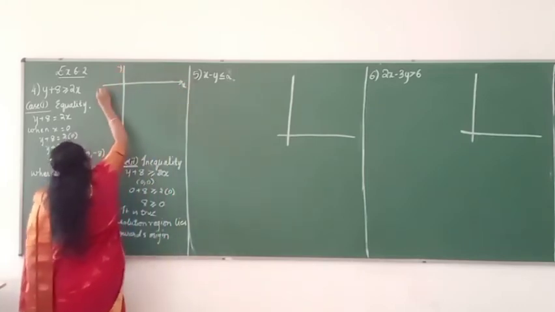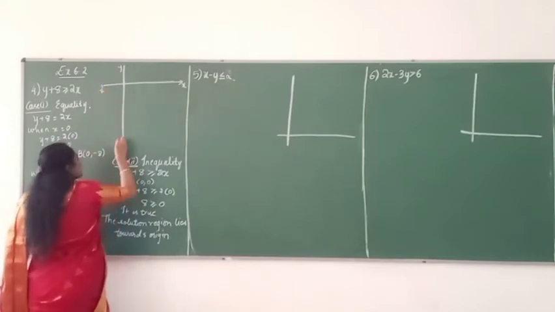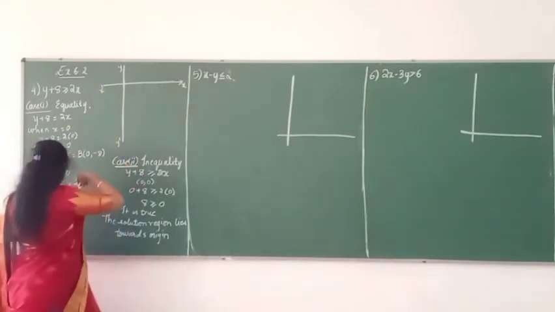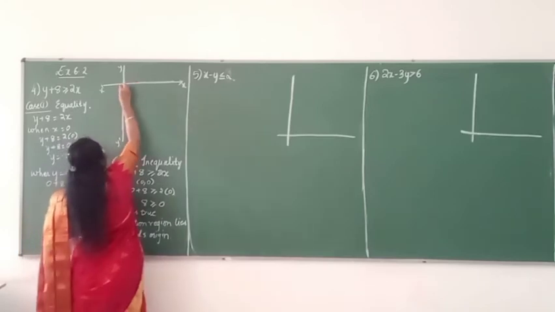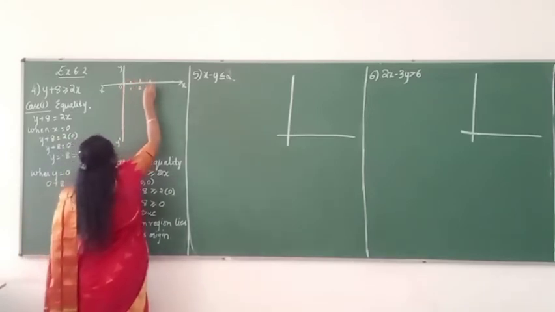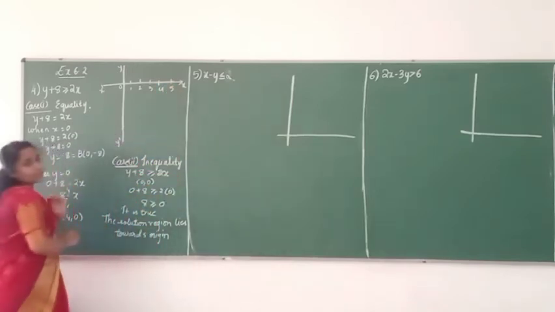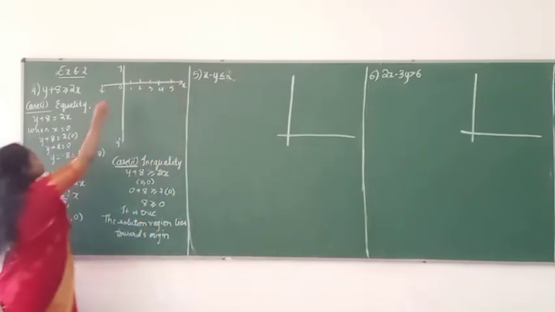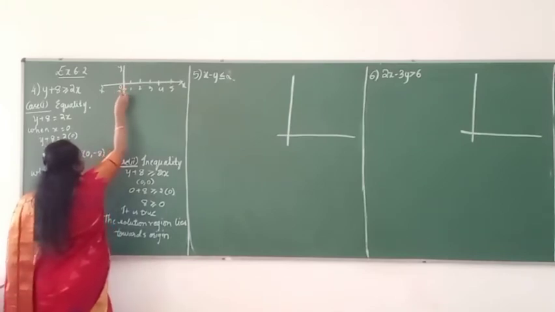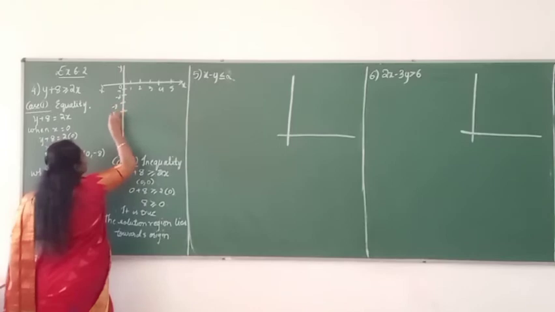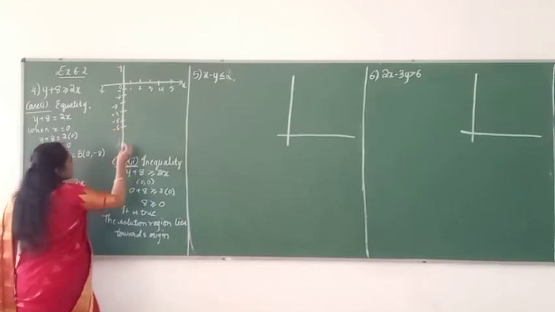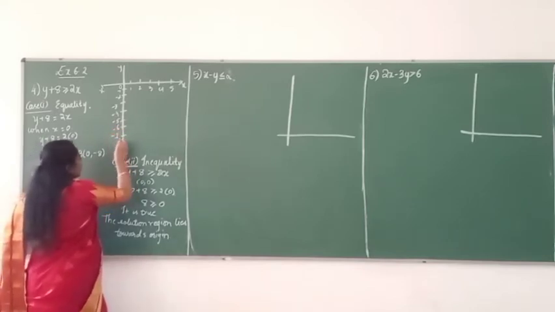So this is your y and this is your x dash and this is nothing but your y dash, as you already know. Next point A is nothing but what? 0, 1, 2, 3, 4 and 5. And here on y we have -8. So I am considering -1, -2, -3, -4, -5, -6, -7, -8.